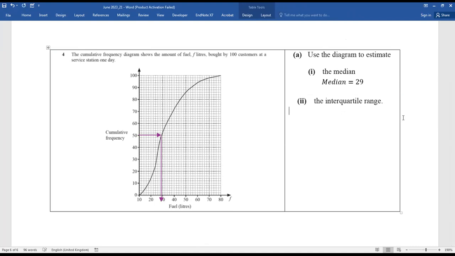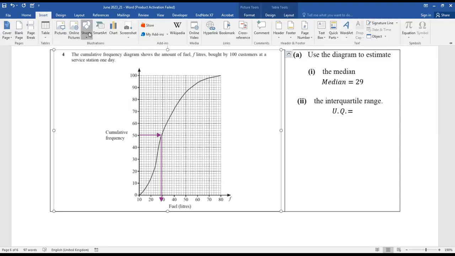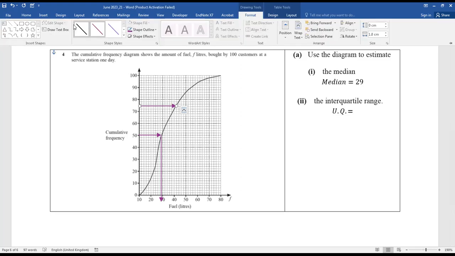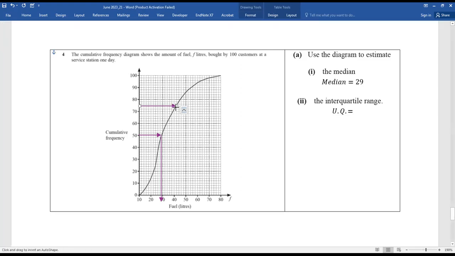Okay, first, let's find the upper quartile, which is the 75th percentile. This is an easy one, just the 75th value. So the upper quartile is 42. And the lower quartile is the 25th percentile.